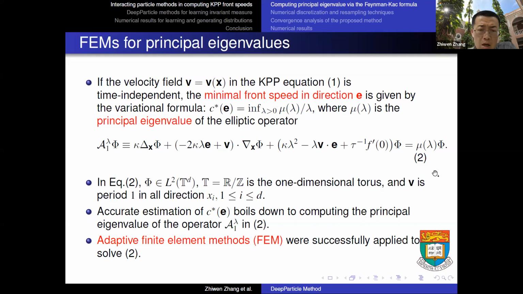That means we need to compute the principal eigenvalue of this operator by any numerical method, such as finite element or spectral method. Then you compute this ratio and pick the inf, and you get the minimal propagation speed. So this has important physical application importance. All right, so this is the time independent case.